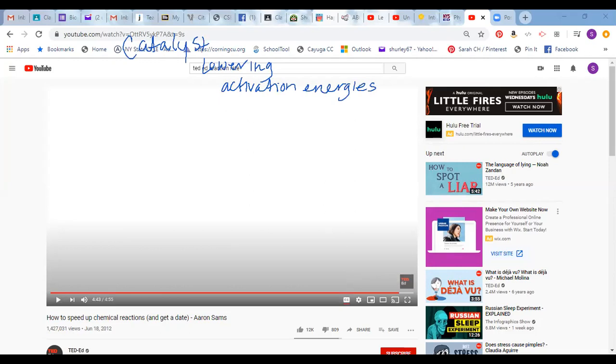So this is the forward activation. This is the reverse. Remember, when a catalyst comes in, the hill gets lowered. So it would lower both of those arrows. So less energy would be needed to start the reaction.